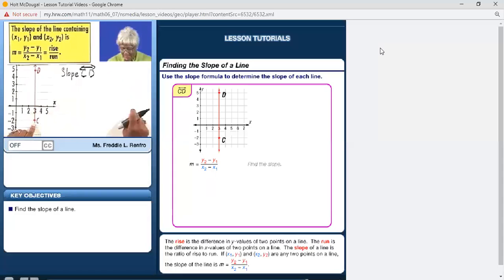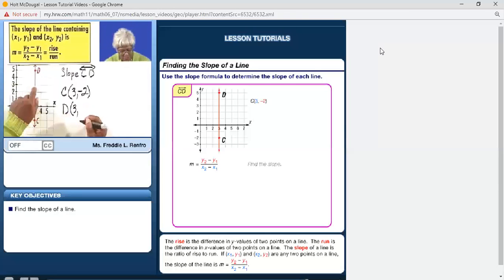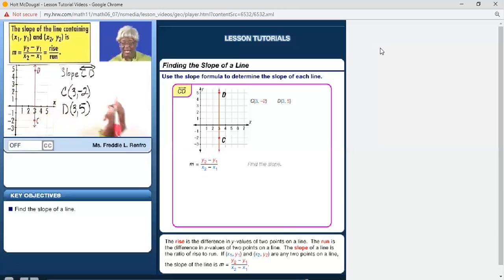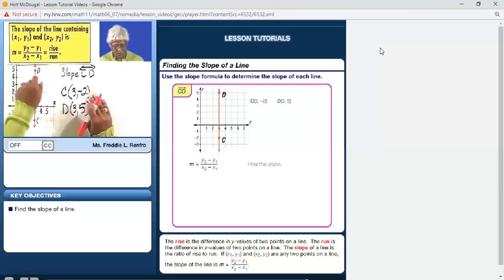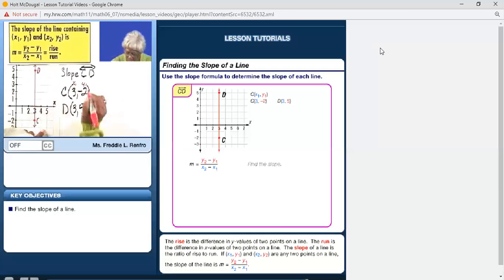For point C, we have 3, down 2, negative 2. And for point D, we have 3 and 1, 2, 3, 4, 5, so 5. Once again, let's call the first ordered pair x1, y1, and the second one, x2, y2.